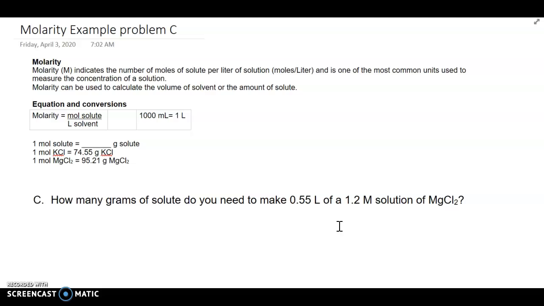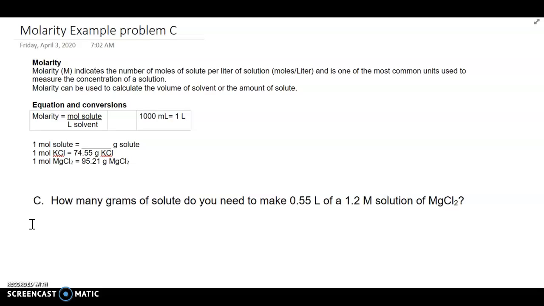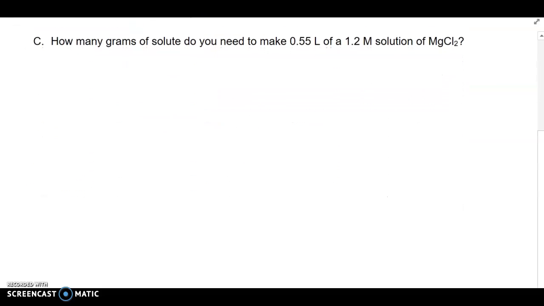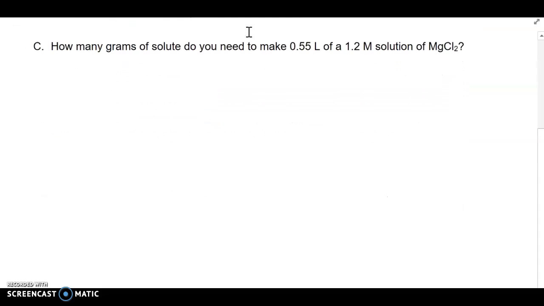This one we have to do a few steps to get where we want to go.